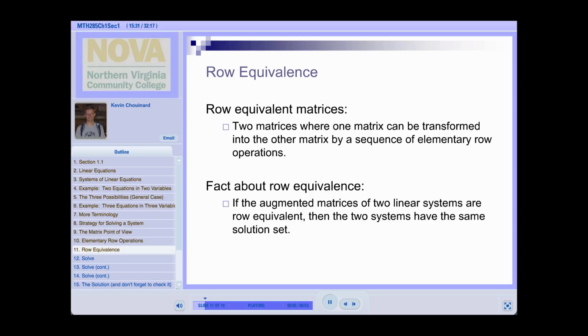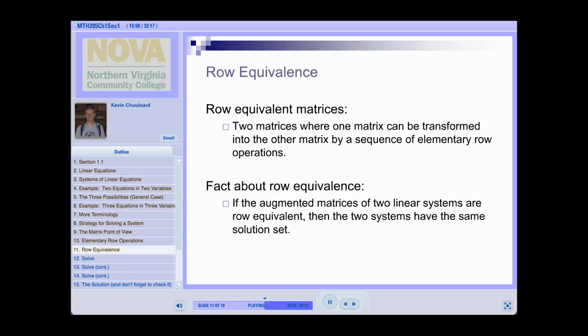Row equivalence. Two matrices are said to be row equivalent matrices when one matrix can be transformed into the other matrix by a sequence of elementary row operations. That is, those three elementary row operations, row replacement, row interchange, and row scaling, that we mentioned on the previous slide.